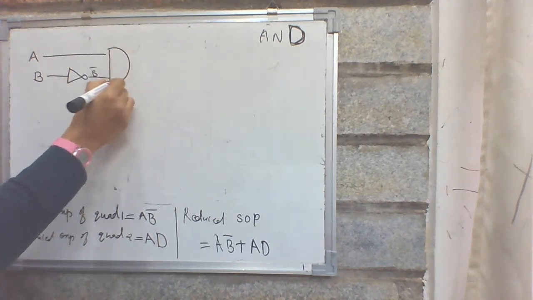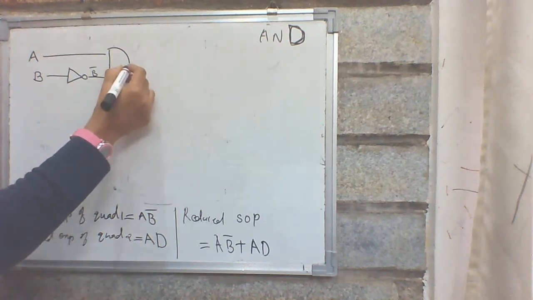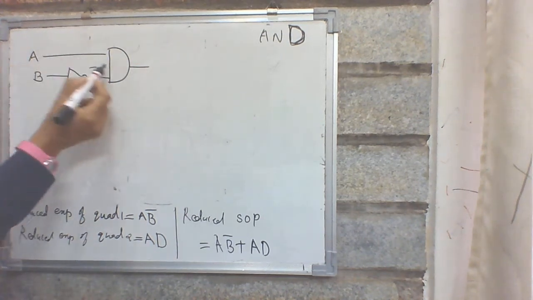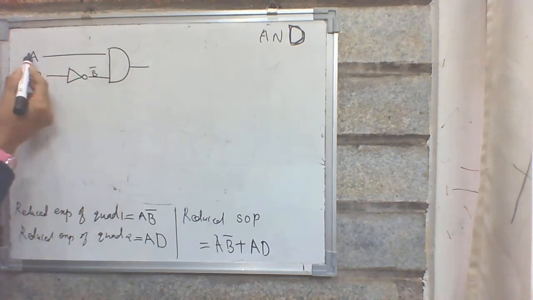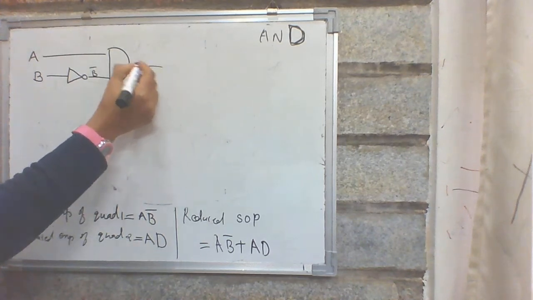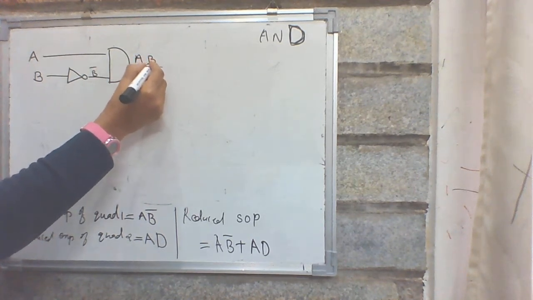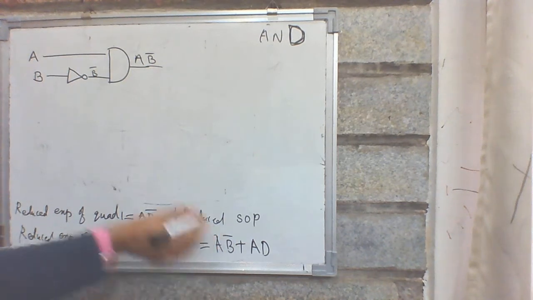Yeah, D. This is AND gate. What is the AND gate output? Here, what are the inputs of this AND gate? One input is A, second input is B bar. So the output is A, B bar. Now we got the first term, A, B bar.